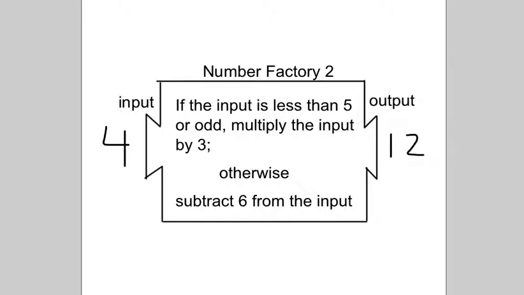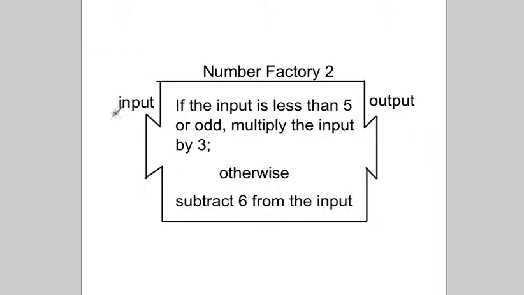If we try another one, let's try the number 9. The number 9 as an input is not less than 5, but it is odd. So we still have satisfied this condition, so we're going to multiply the input by 3. Therefore, 9 times 3 is 27. Let's try one more on number factory 2 before we do something else here.